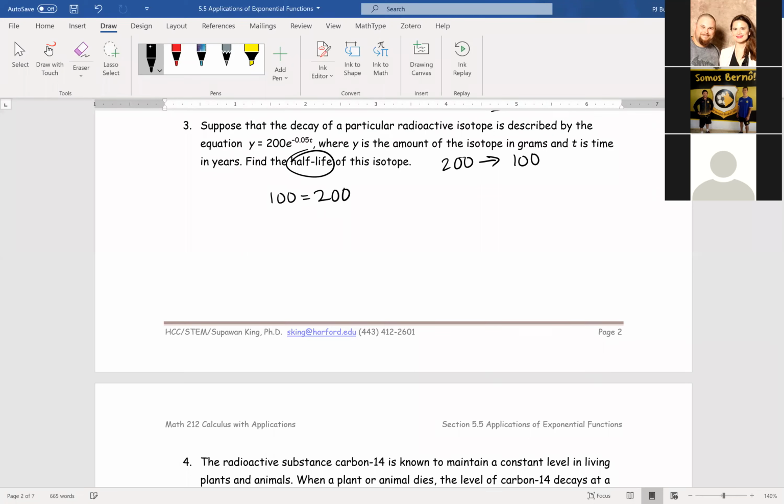And this is a very common problem that you'll see. So common that I have memorized the natural log of 1/2.